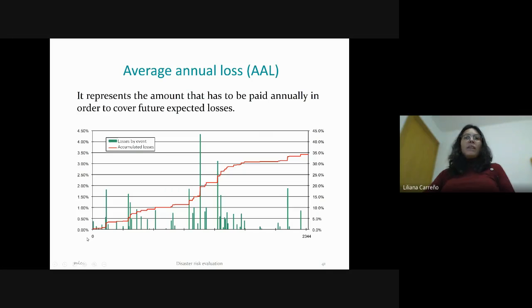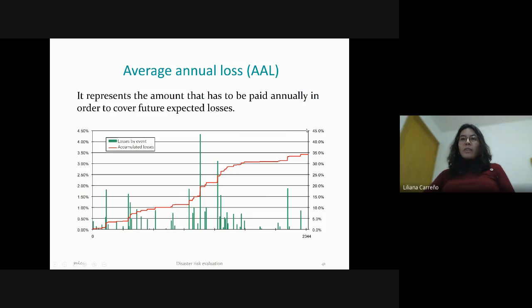This is time, and at this side we have the losses as a percentage for each event in these green bars. At the right side, we have the accumulated losses, which is this red curve.